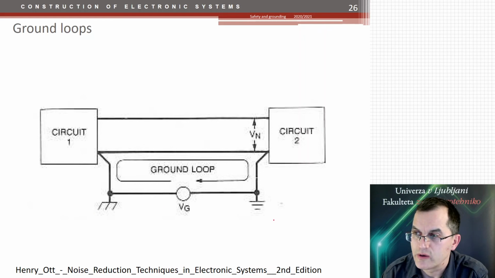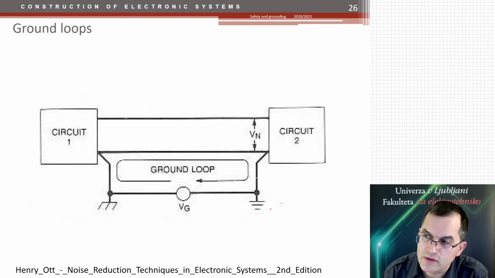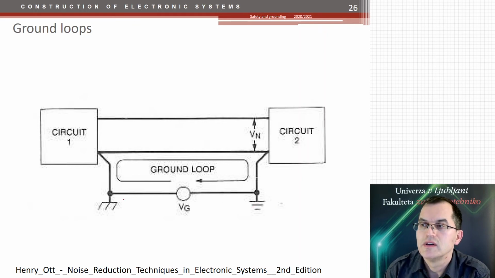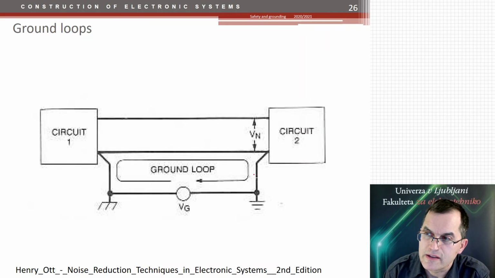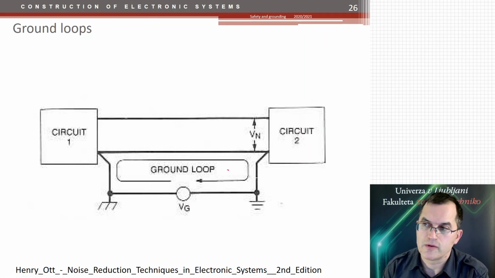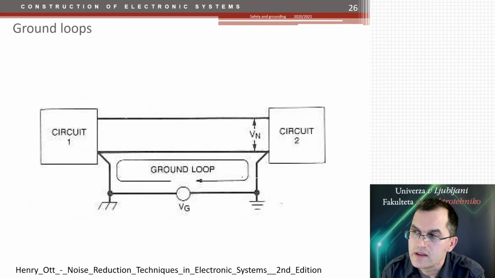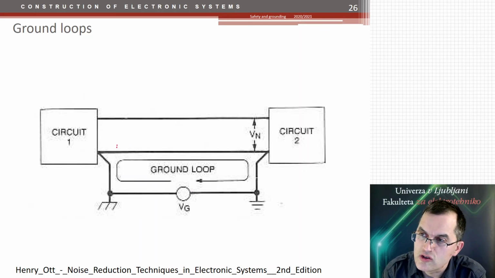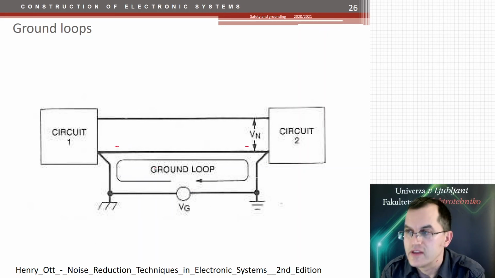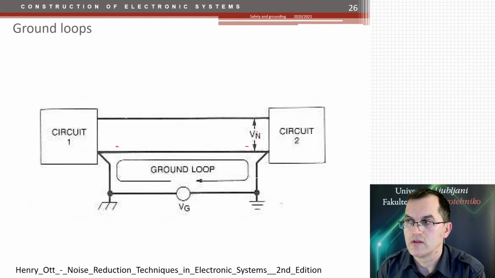So we have two grounds, which are deliberately depicted by two different symbols, so that they always tell you that there is a voltage difference between these two grounds. And the ground loop is then formed if you take another ground connection, and therefore this voltage difference can cause a current flow in this ground loop, which then causes the voltage change also on this wire here, and this then causes the change of your measured voltage or any signal that you might have here.